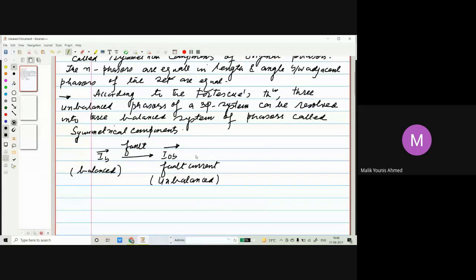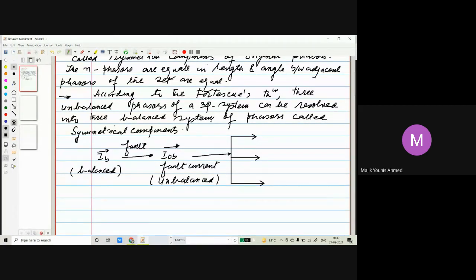So what we do is resolve this unbalanced system of phasors. That means all three currents will become unbalanced, in phases A, B, and C. In each phase, the unbalanced phasor can be resolved into a balanced set of three phasors.